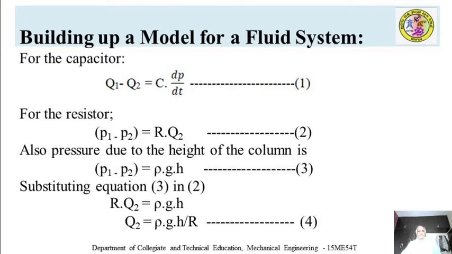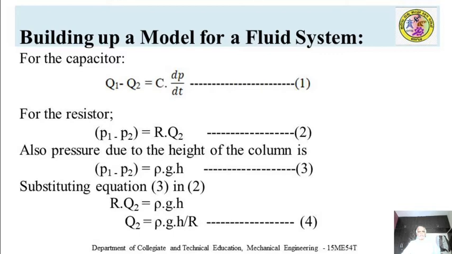For the capacitor, Q1 minus Q2 equals C dP by dt, where C is called hydraulic capacitance, that is given by A by rho G. Q1 minus Q2 is the difference in flow from inlet to outlet. P is the pressure, dP by dt is the rate of change of pressure.